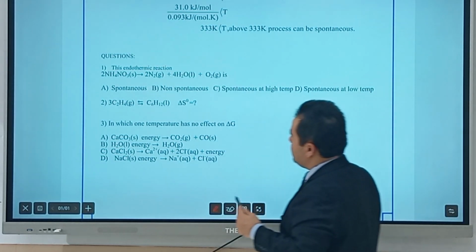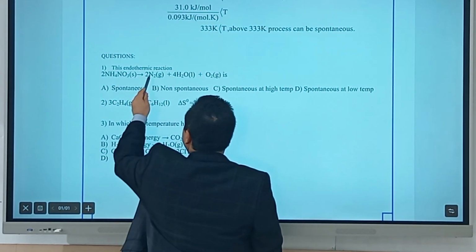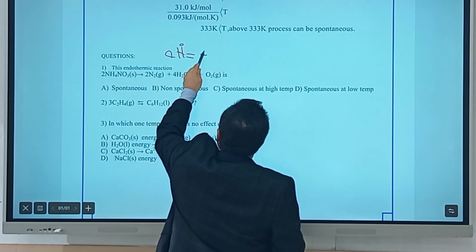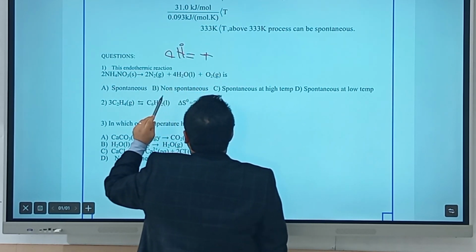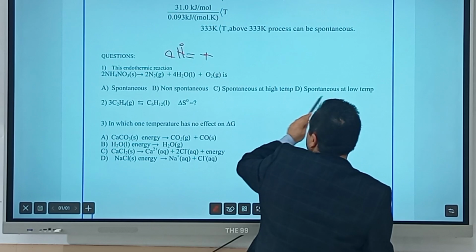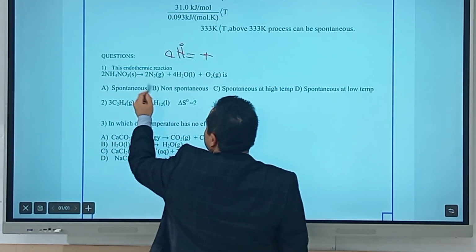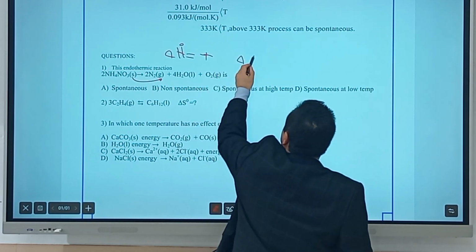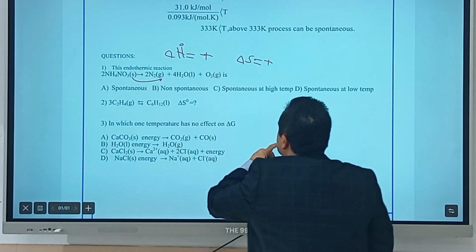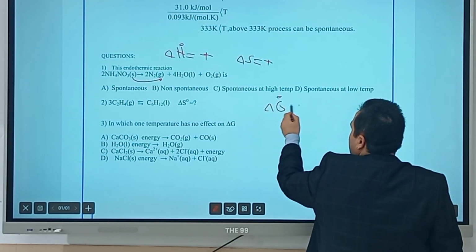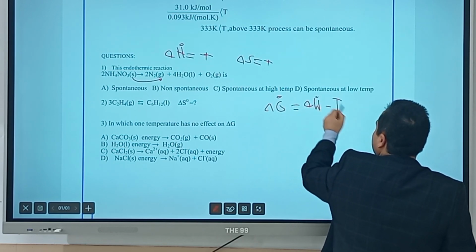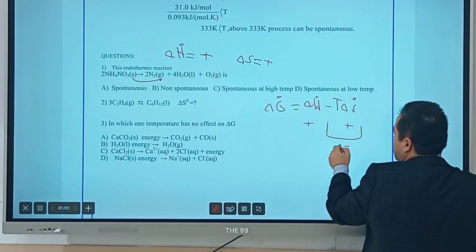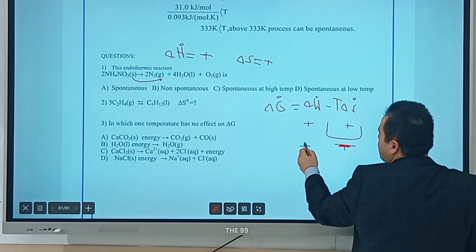There are some questions, let us answer those questions as well. This is an endothermic reaction, so endothermic means the enthalpy change is positive. A, B, C, D are given as the options, but let us determine the sign of entropy as well. Solid goes to gas, so the entropy is positive as well. Delta G equals delta H minus T delta S, guys. Positive, positive: negative multiplied by positive is negative, and plus positive.